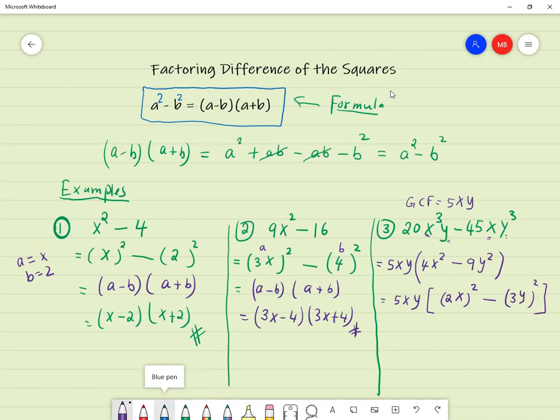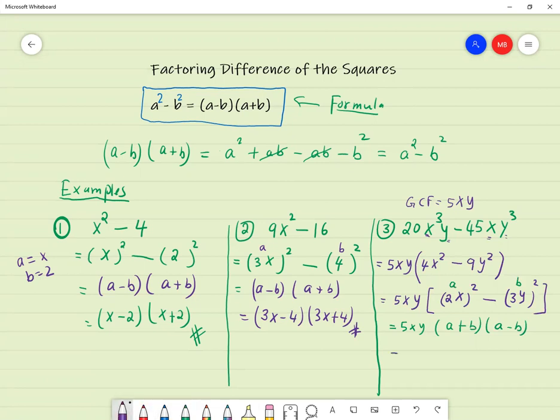All right, now this is what is going to fit into our a squared minus b squared format. So this 5xy on the outside will stay. But the thing inside the parentheses is going to be a plus b times a minus b. What is it for x? 2x is a and 3y is your b.